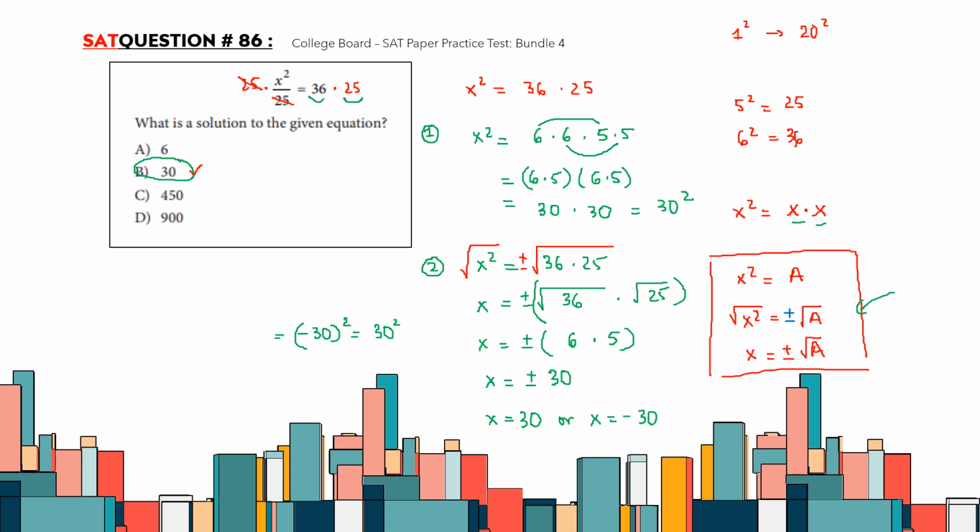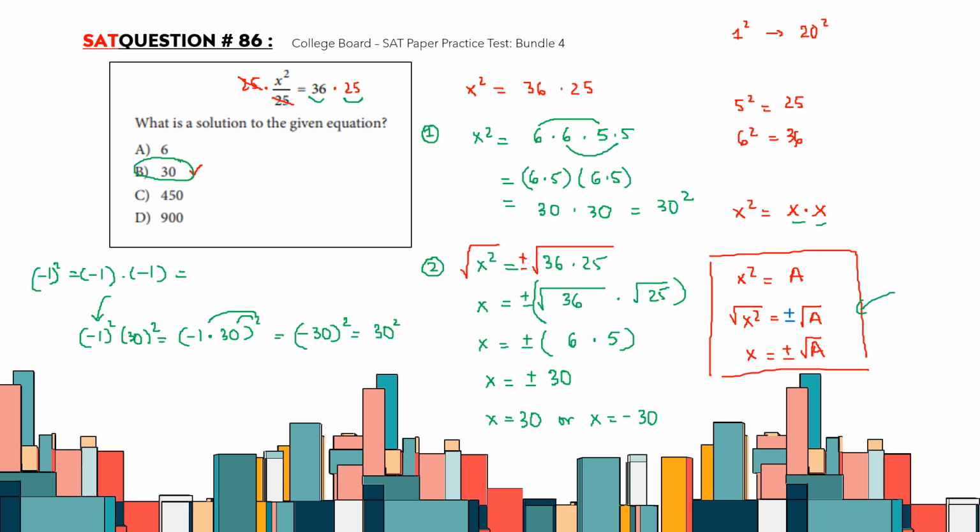Because this is the same thing as having -1 times 30 inside, right? Then you distribute the square, and this becomes -1 squared times 30 squared. Now, what is this one? We have -1 squared equal to -1 times -1.